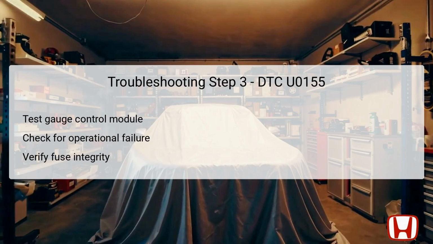Additionally, check the integrity of any fuses related to the gauge control module, as blown fuses can also affect operation. Use a multimeter to conduct thorough tests, ensuring that the module communicates properly across the network. Addressing any faults identified at this stage will substantially contribute to rectifying the communication issues tied to DTC U0155.